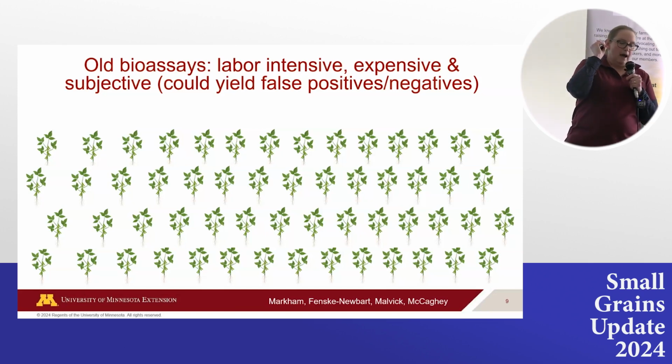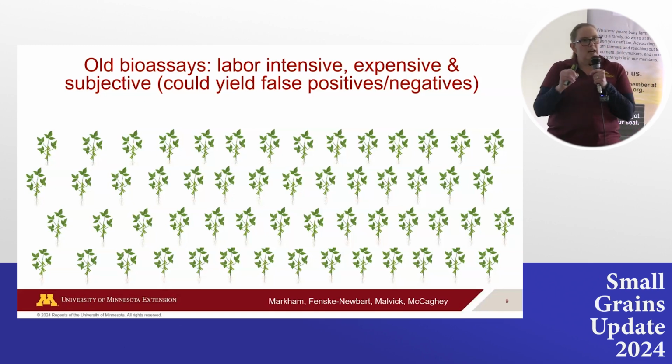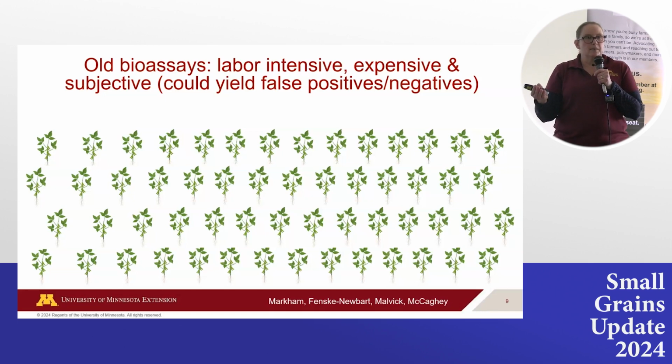So they have soybean lines with known individual RPS genes in them, and then they use that pathogen to challenge those varieties, and that's how they would figure out which AVR genes were present in the pathogen population.